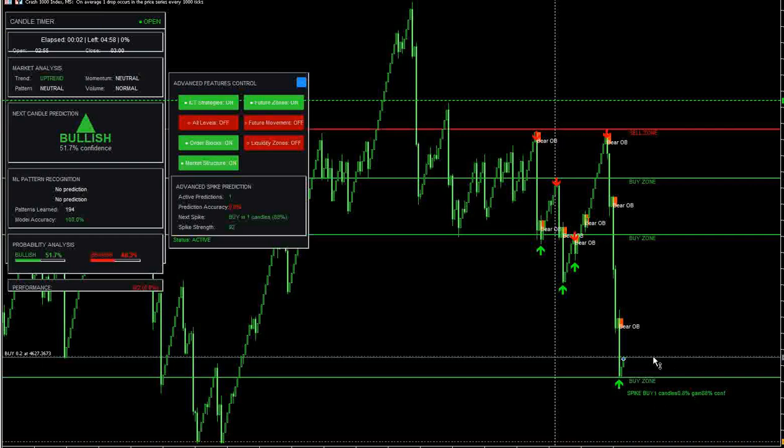After this current candle formation, I will close it off. So that's the prediction for this particular one candle. Now the spike strength is 92%, so it's telling us that it's going to be 92% accurate. The status is active, everything is working perfectly.